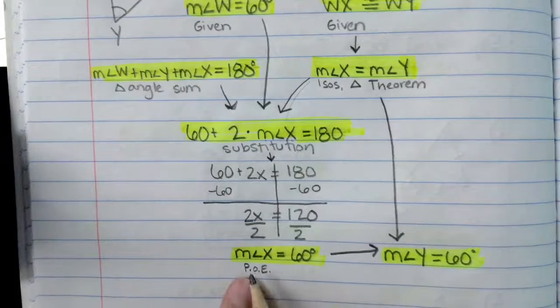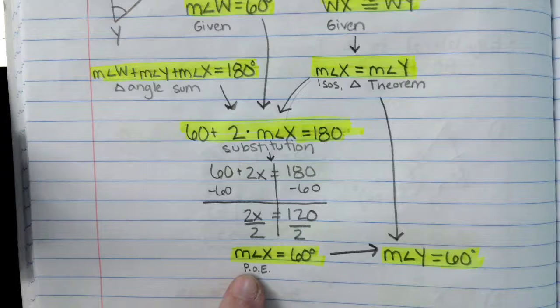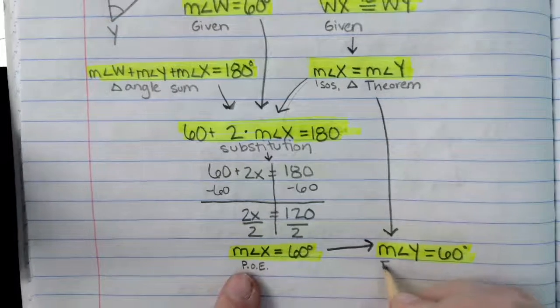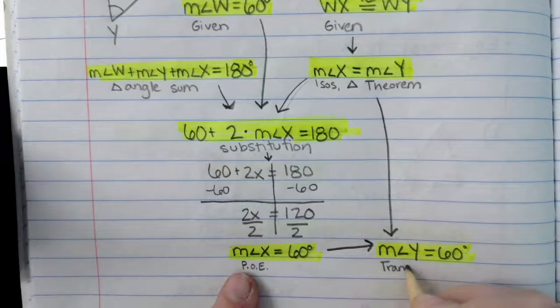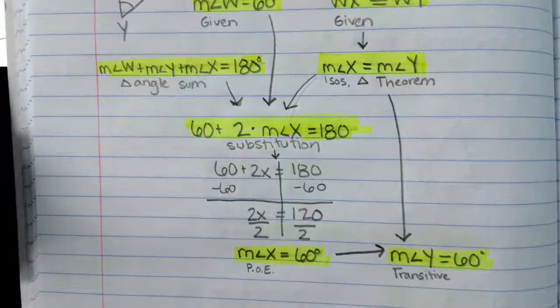Substitution. Or it could be if y is x and x is 60, then y is 60. So it could be substitution, or it could be transitive. You guys remember transitive? Whoa, flashback. Okay, we are so close.